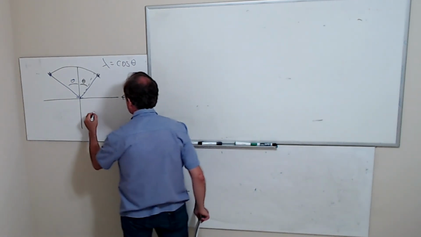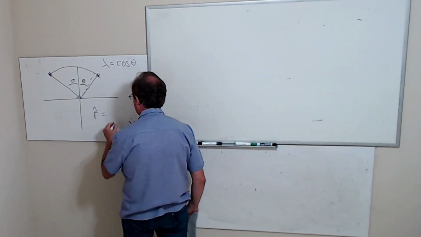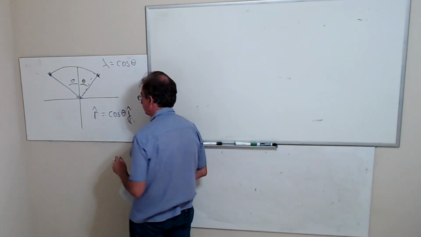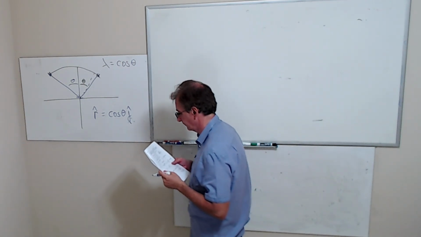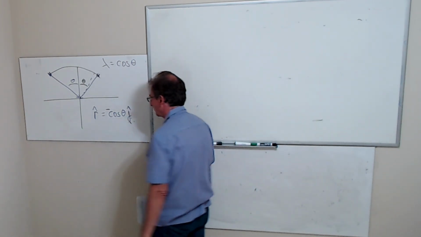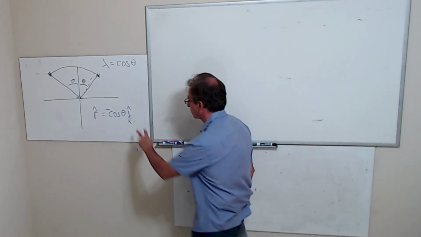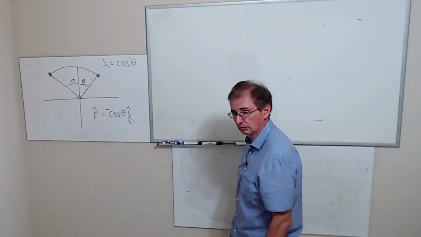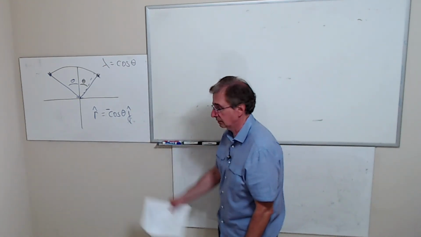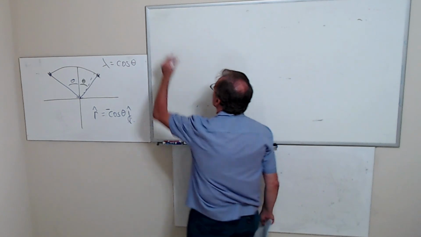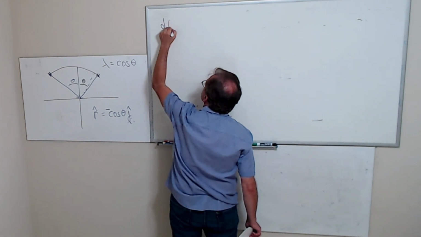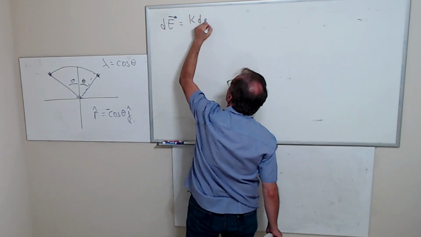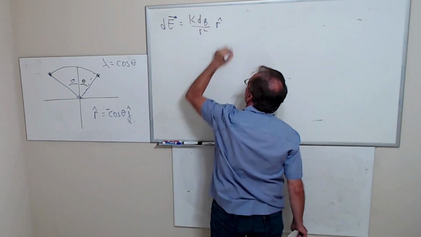And so my r hat component, when I solve this problem, will be cosine of theta j hat. And I forgot the minus sign. Okay, minus cosine theta j hat. The other component of r hat, I'm not going to care about because I know when I integrate, I'm going to get 0. And so a lot of people miss that. So my job then is to find my expression for dE, which is k dq over r squared r hat.